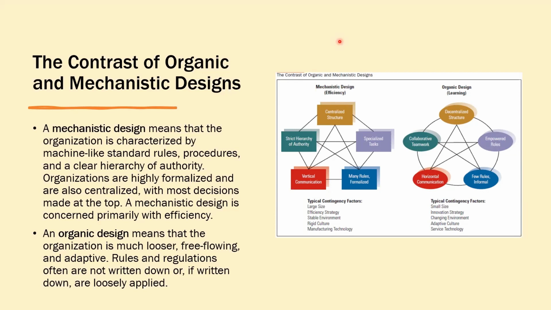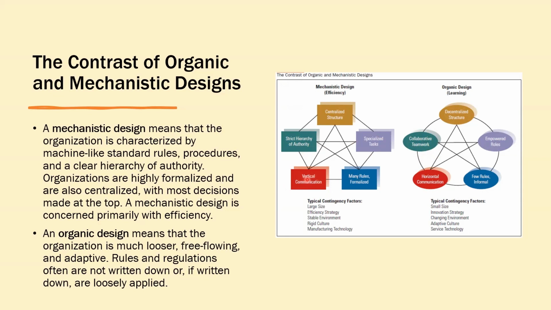So we see here a comparison, or a contrast, between mechanistic design and organic design. For the mechanistic, centralized structure, decision-making at the top. Organic design, decentralized structure, lower levels of the organizational chart can make decisions. The hierarchy is very strict and very vertical, while for the organic, there is more collaborative teamwork, and you have cross-departmental communication and that kind of thing.